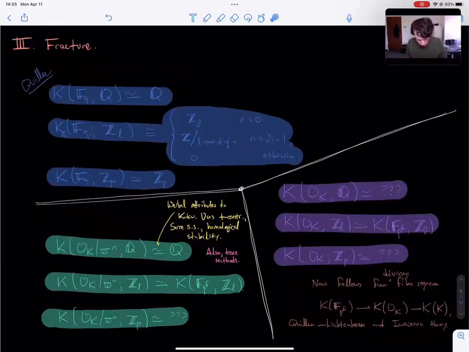And so let me just do a couple examples about how this fracture square now looks. If we look at the base case of F_q, the K theory of F_q, well, you notice it's all torsion except in degree 0, where it's given by Z. So if we rationalize that spectrum, we just get the Eilenberg-MacLane spectrum Q in degree 0.